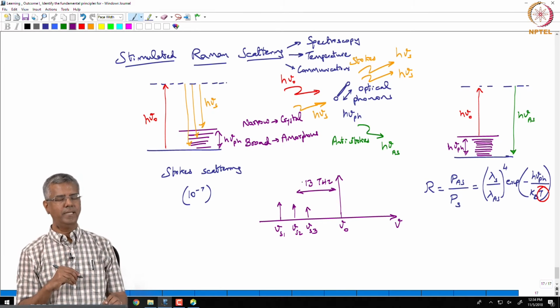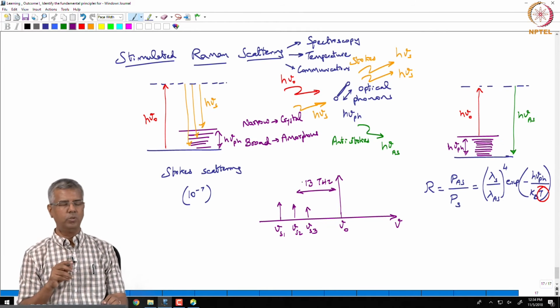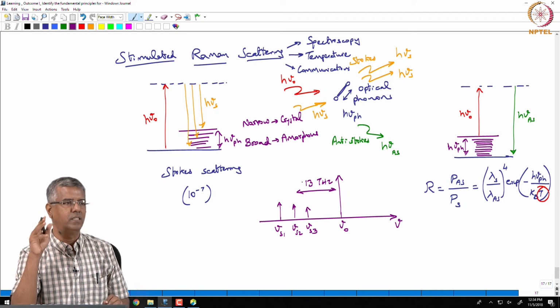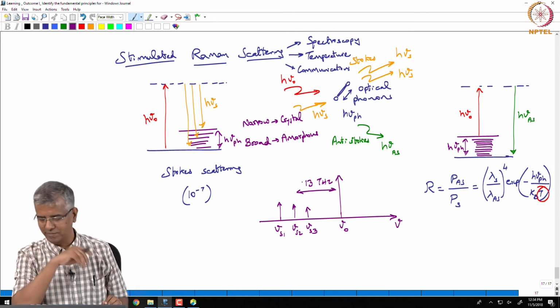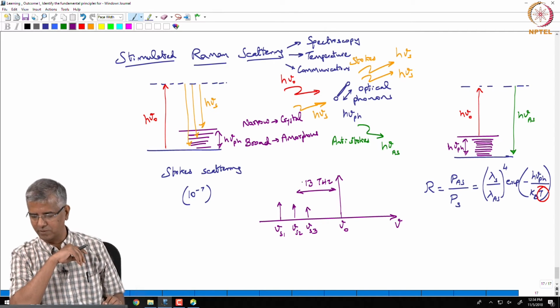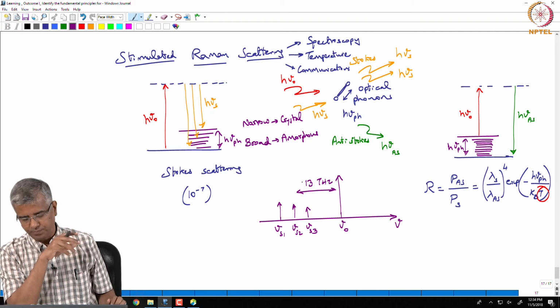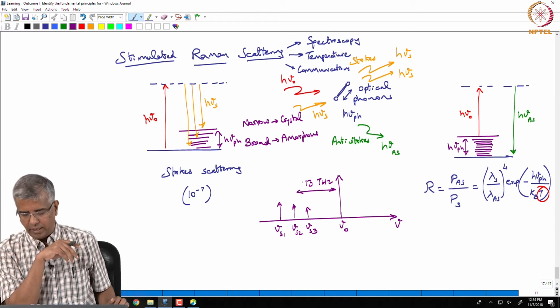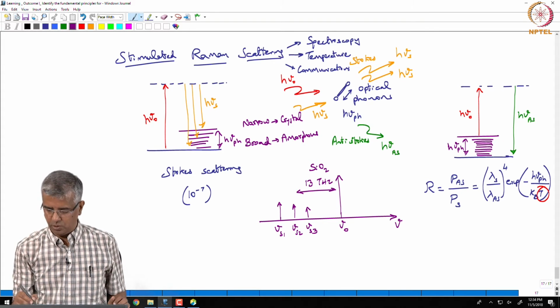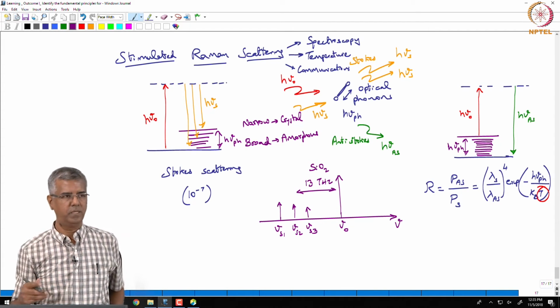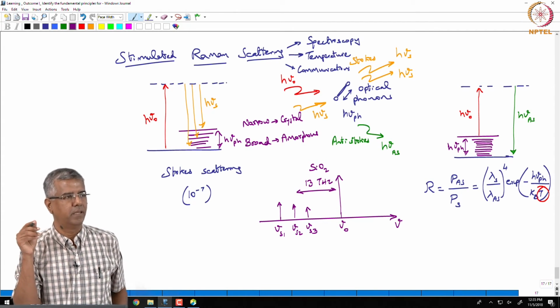Okay, 13 terahertz would be roughly about 100 nanometers in wavelength. So you can figure out what it is in wave numbers. This is for SiO2, and of course you would expect this to be different for different materials.